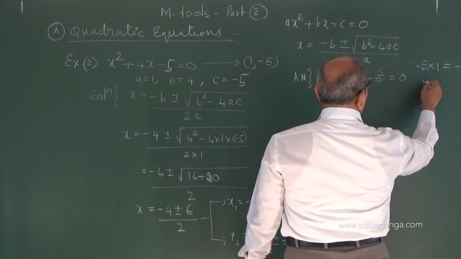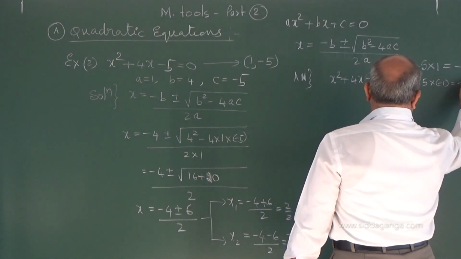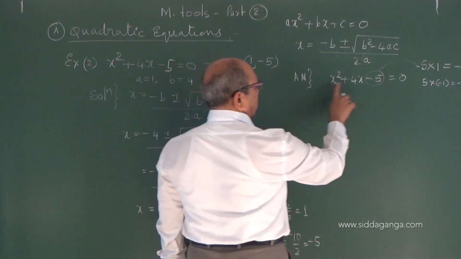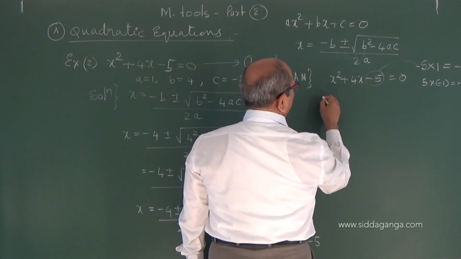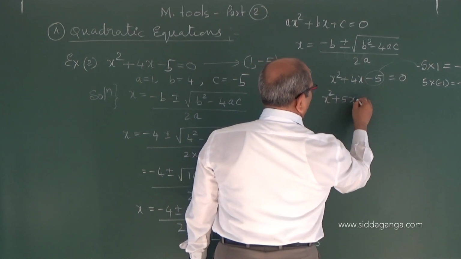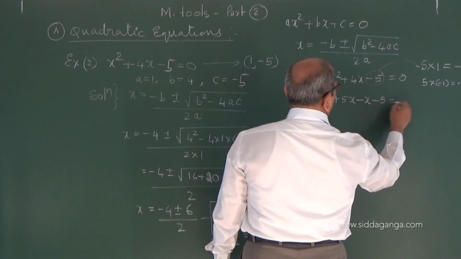It can be written as 5 into −1 equal to −5. So that helps us to split here: x² + 5x − x − 5 = 0.